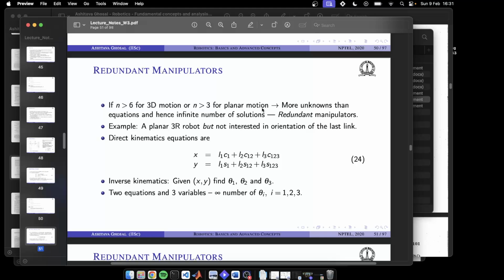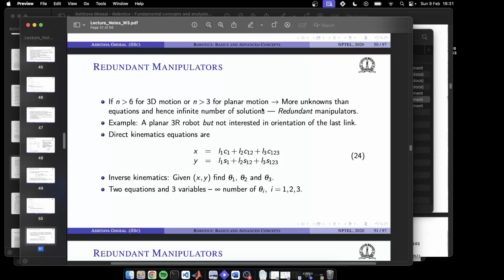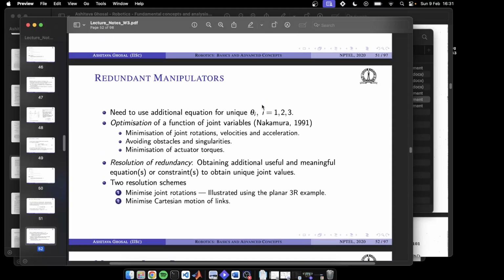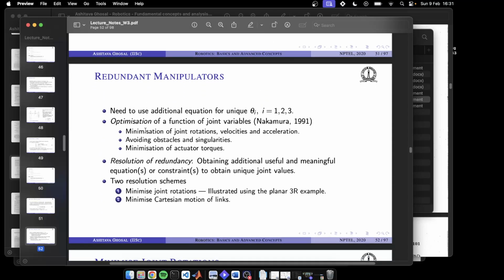Redundant manipulators again give us the advantage that there are multiple, or infinite, configurations in which we can achieve a certain pose of the end effector, and that gives us a lot of freedom, especially when working in an obstacle filled environment. So that is the redundancy, and redundancy can also be used to exploit some other things like minimization of joint rotations, velocities, accelerations, avoiding obstacles and singularities, and minimization of actuator torques.